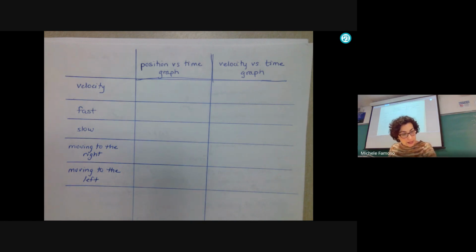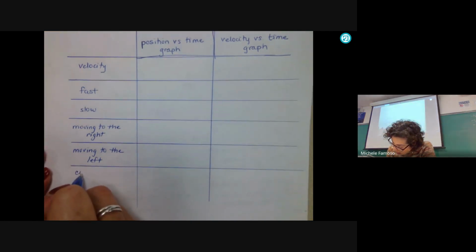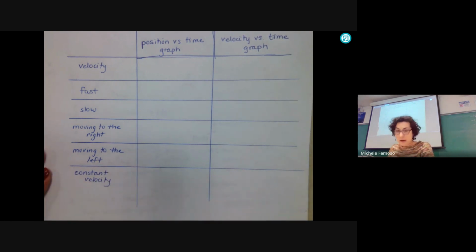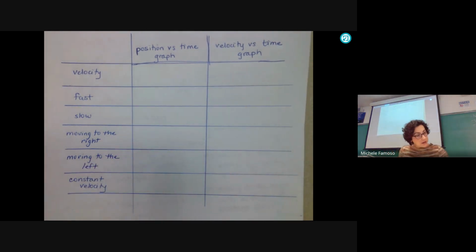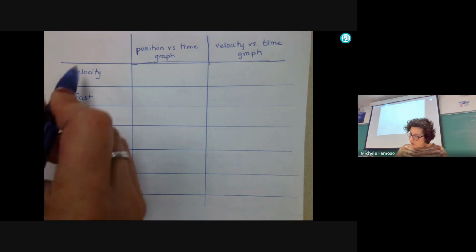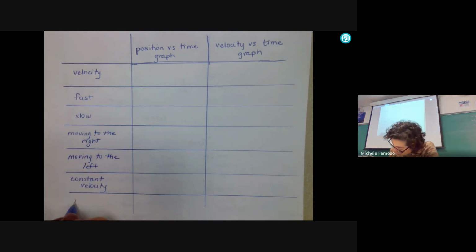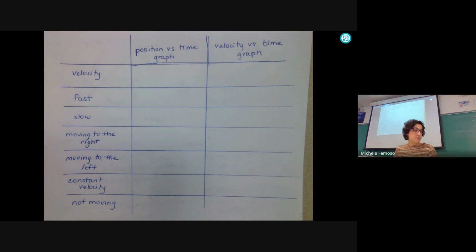What would it look like if you had a constant velocity on each of these graphs? And I think the final one, the last one, is what would it look like if you were not moving on each of these graphs? And we're going to use our notes to help us do this.